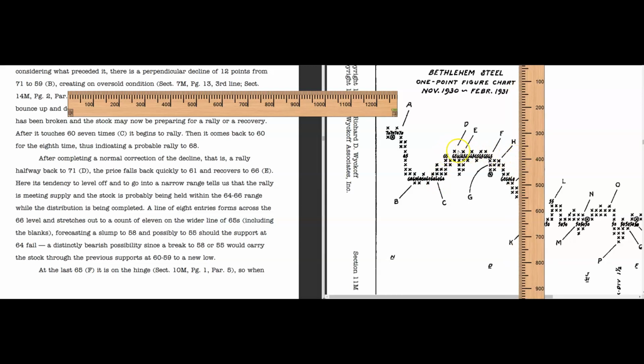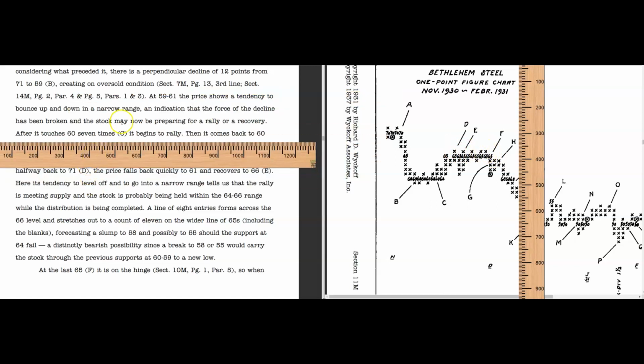Now from the halfway back move, which is a 50% retracement from this low here, B to D, the bear pullback from B to D, you do another count. What's the count? Okay, let's see. From the line of 65, it's 1, 2, 3, 4, 5, 6, 7, 8, 9, 10, 11. And the line above that, it would be 1, 2, 3, 4, 5, 6, 7, 8.